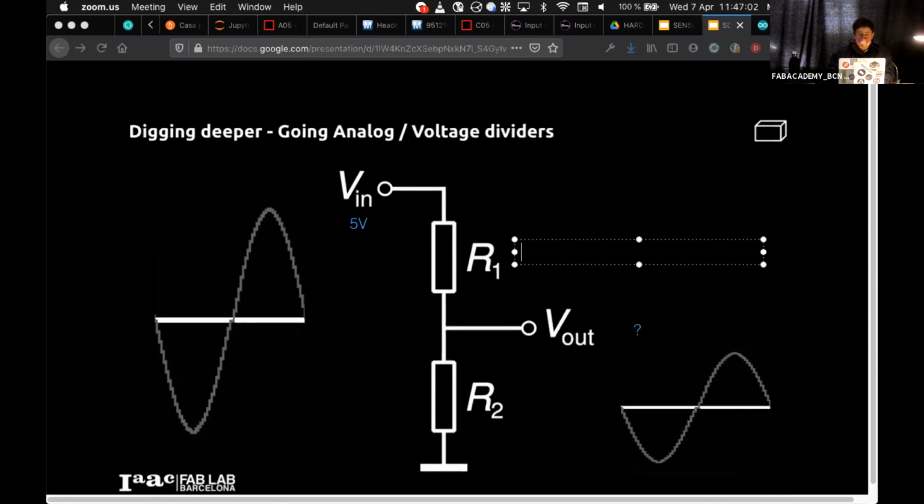And here I have 5,000, and here I have 2,000. Can you help me know what the output voltage is going to be? You can guide me through the process as well.